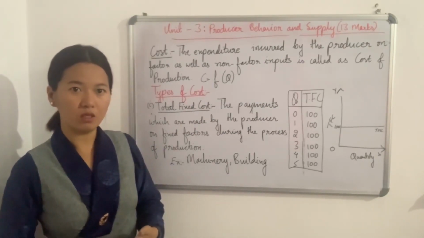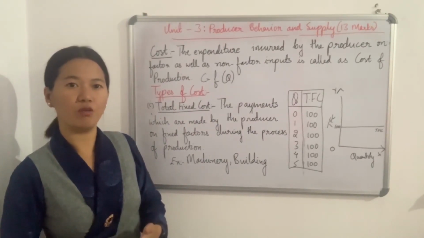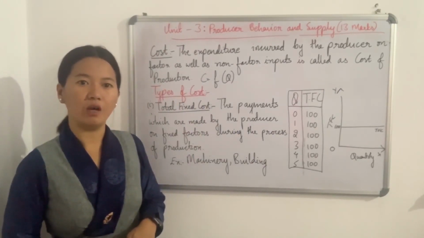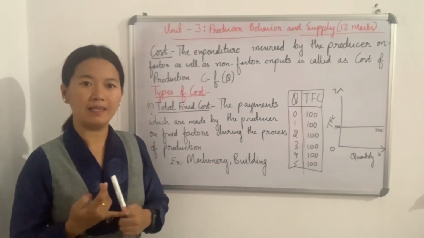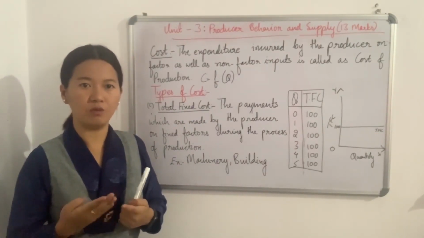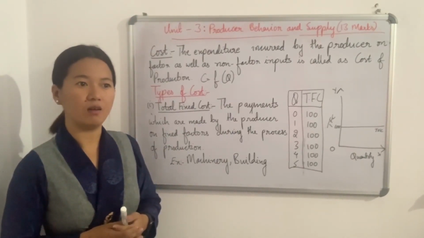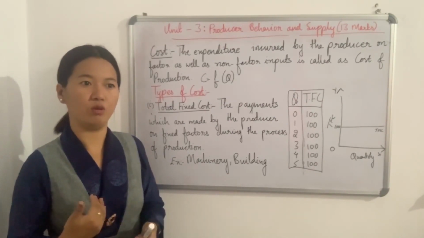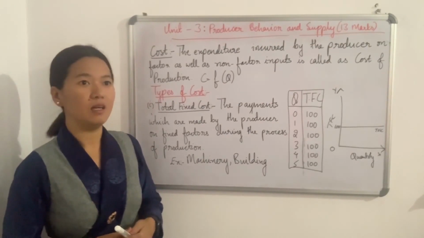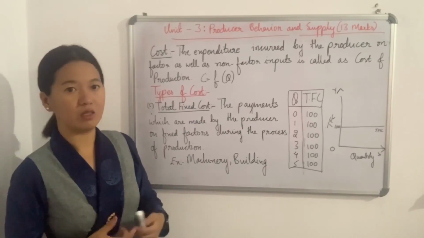It is the producer who is spending for the factors as well as non-factors. Factors, we learned in the previous session, are the 4 factors of production: land, labor, capital and entrepreneur. So these are the factor inputs for production, and non-factor inputs are the one-time used or single-use inputs for production, such as raw materials, fuels, electricity. These are the non-factor inputs.